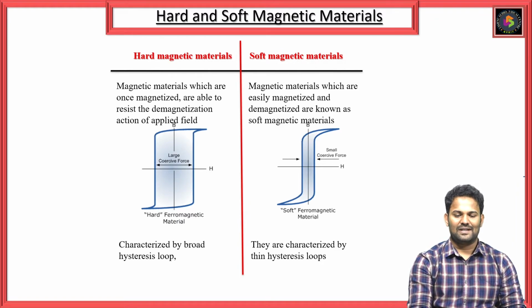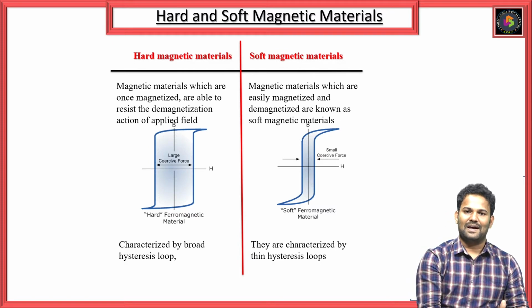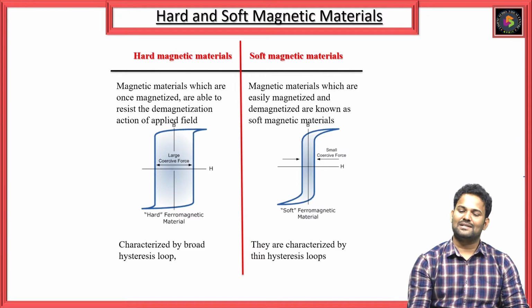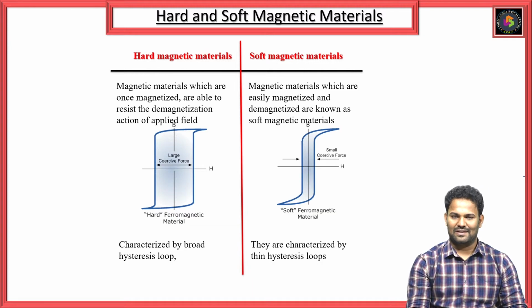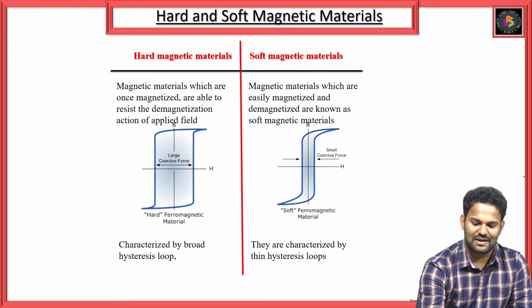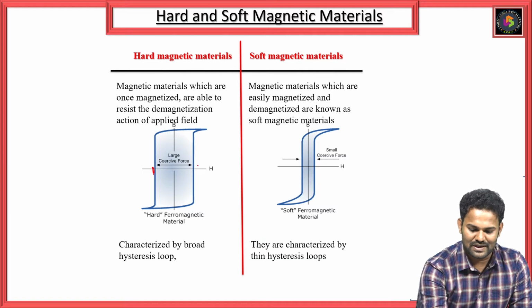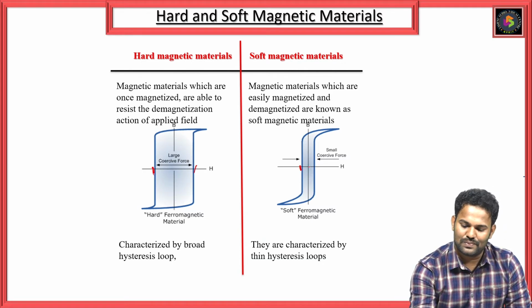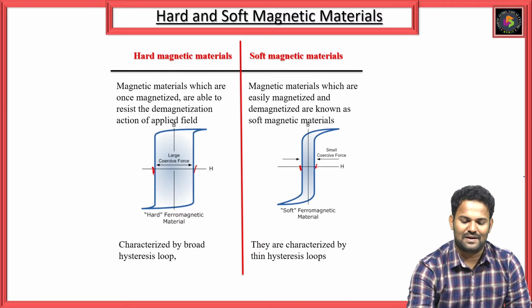In the case of hard magnetic materials, once magnetized, they won't be demagnetized. In the case of soft magnetic materials, the materials which are easily magnetized and demagnetized are known as soft magnetic materials. If you see the diagram here, the width of the loop is very high in the hard magnetic material, and low in the soft magnetic material.